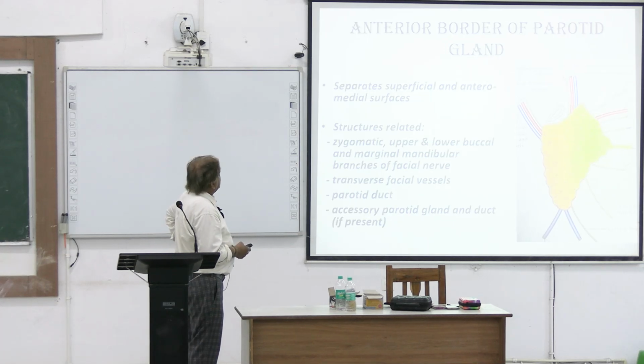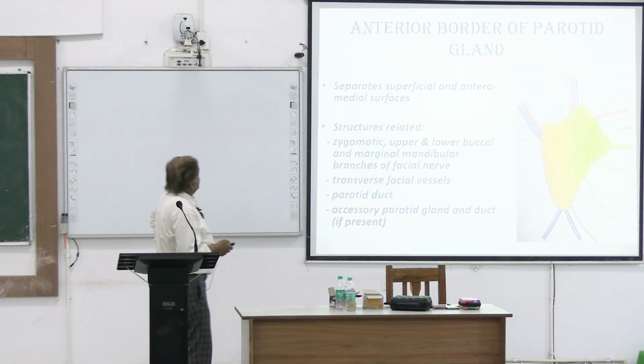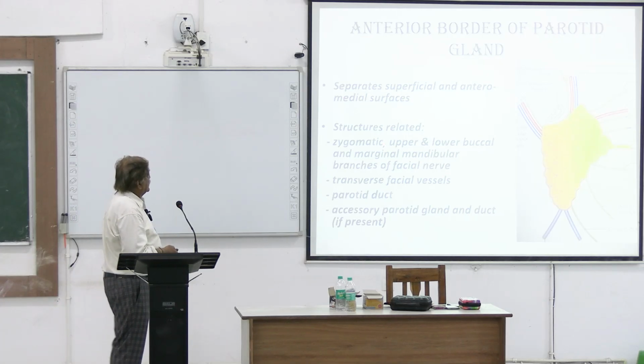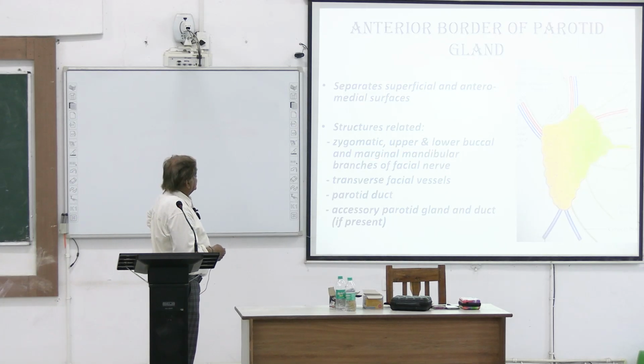Anterior border of the parotid gland separates superficial and anteromedial surfaces. Structures related: the zygomatic, upper and lower buccal and marginal mandibular branches of the facial nerve, transverse facial vessels, parotid duct, accessory parotid gland and duct if present.